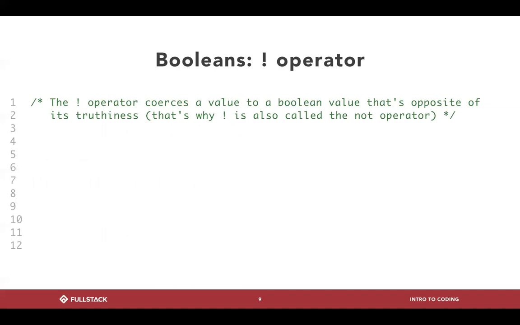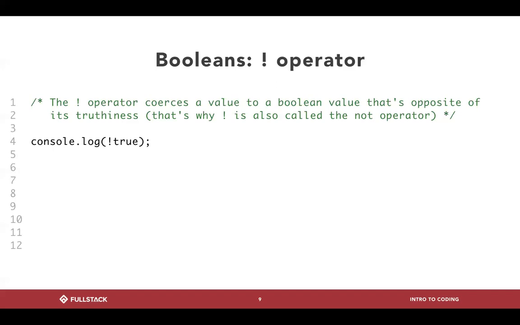Then we have the bang operator. This exclamation point also coerces a value, but it makes that value the opposite of its truthiness. It's also referred to as a not operator. So here we have console log not true.